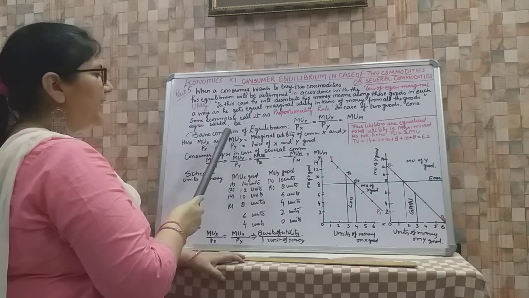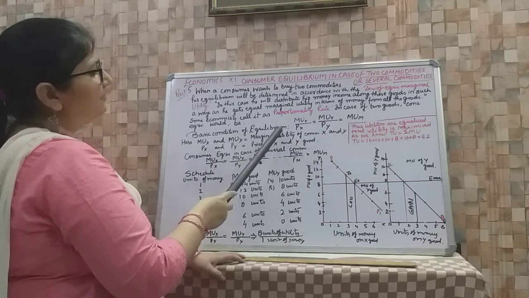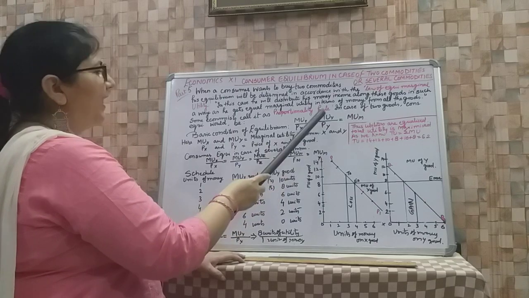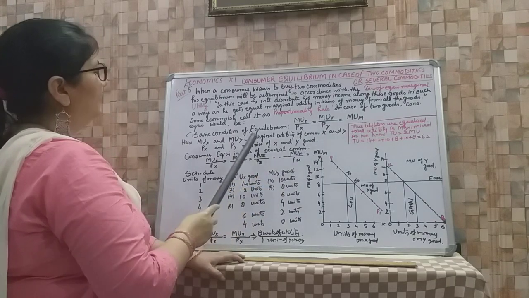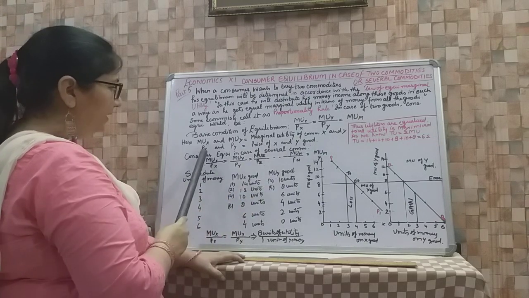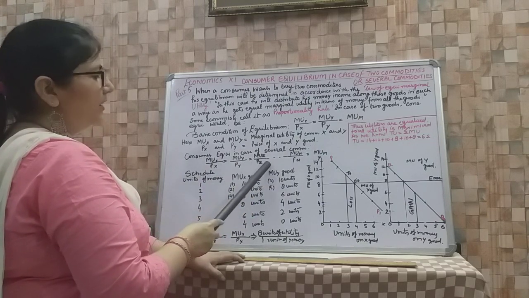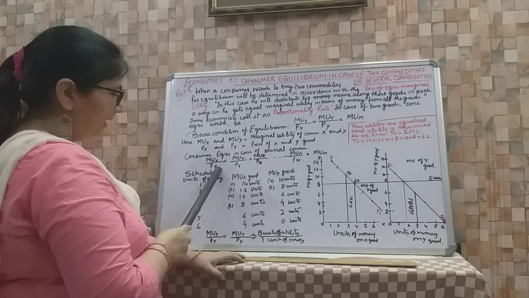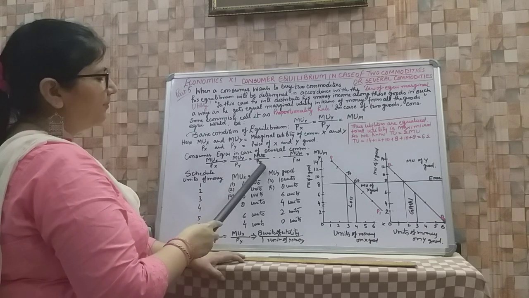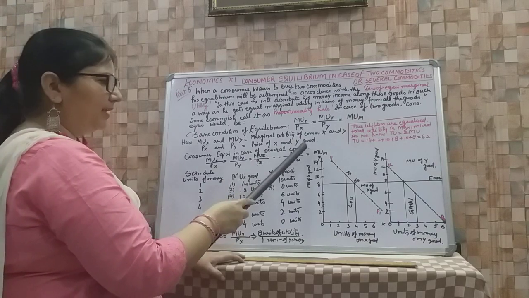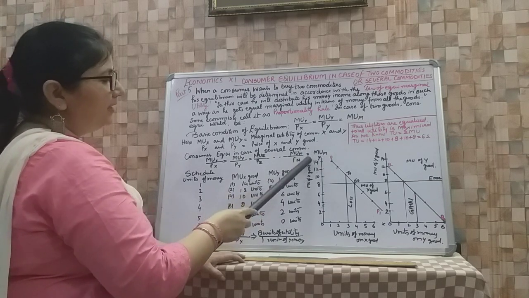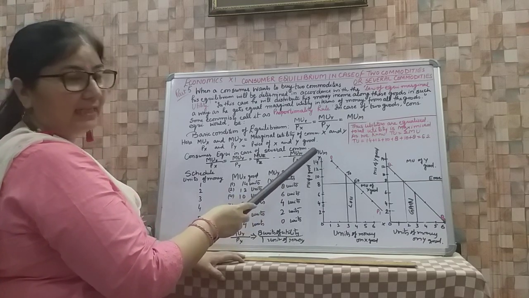So MUX and MUY will be the marginal utility of commodities X and Y, and PX and PY will be the prices of X and Y goods. Now, we can show it as a formula: MUX over PX equals MUY over PY equals MUZ over PZ, and so on for whatever number of commodities we are using, which will be bought from our money income.